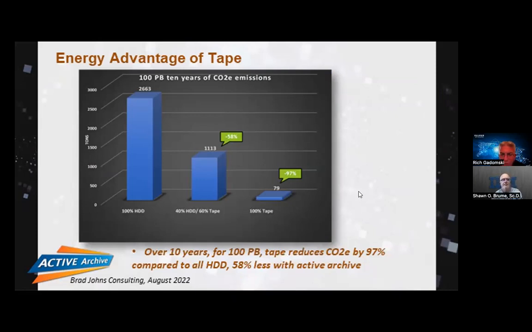You still have a dramatic savings, a reduction of 58% in CO2e. So this is really getting the right data in the right place to reduce costs, maximize energy efficiency, and reduce CO2e in this case.